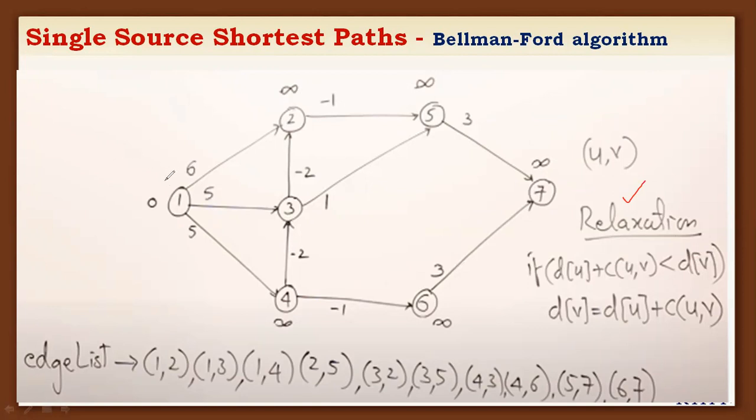This is considered as u, and this is considered as v. The cost from 1 to 2 is 0 plus 6, and 0 plus 6 is less than infinity. So infinity is replaced by 6 here.